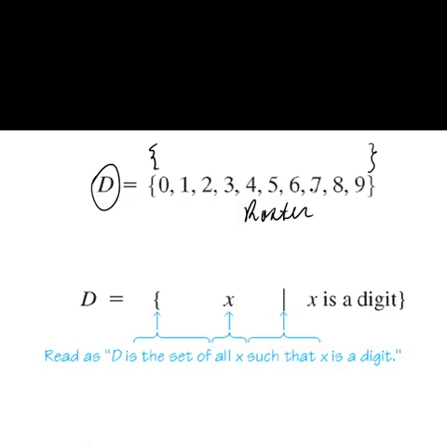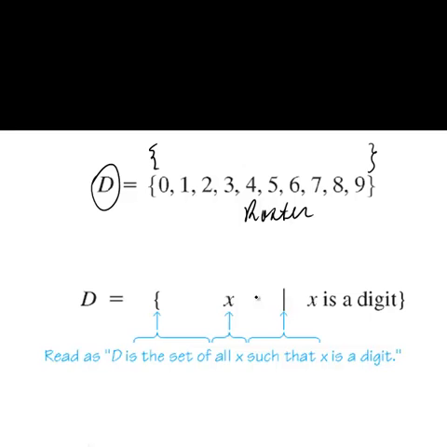Well, here with this roster method, you can explicitly see that any integer starting off at 0 all the way through 9 is in the set, because if it's not explicitly listed in the set here, it's not in the set. Just like in a club, how do you know that you're in a club? Well, you'll have a card, or there will be a list or a roster or something. If you're not on the list, you're not in the club. Well, that goes for a set.